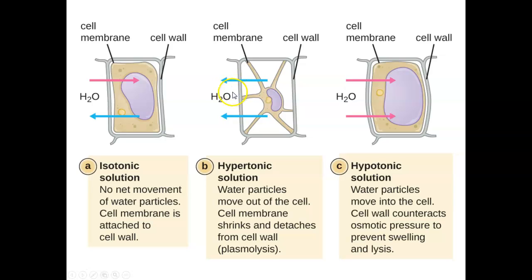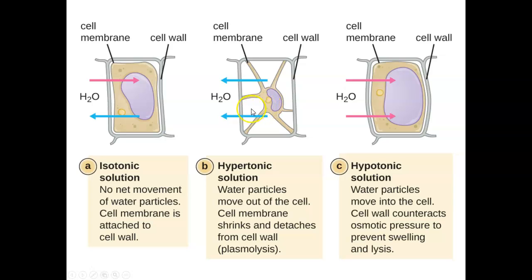If the cell is placed into a solution that is hypertonic, then that means there is more water in the cell and less water in the solution surrounding the cell. That means there's more solute outside. And so water will move down its concentration gradient until we have equilibrium of water to solute ratio inside the cell and outside.